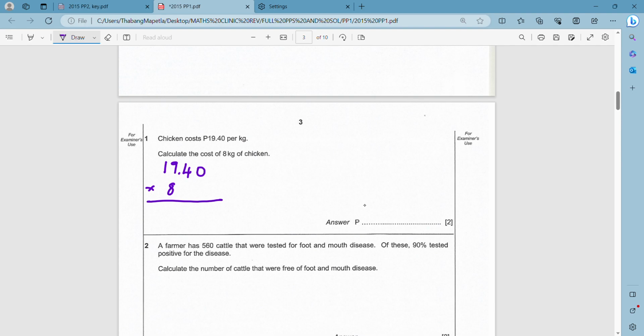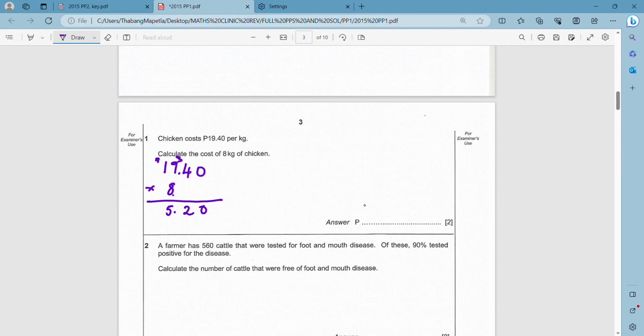8 times 0 is 0. 8 times 4, how much is it? 8 times 4 is 32. So we're going to have a 2 carry 3 there, and then 8 times 9 is something like 72, and 72 plus 3 is 75.